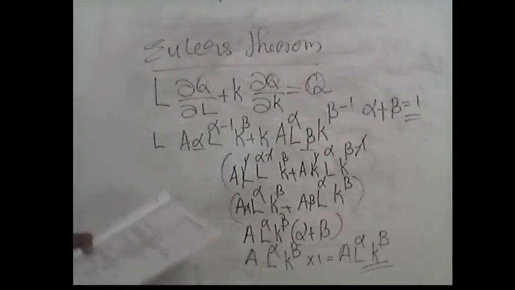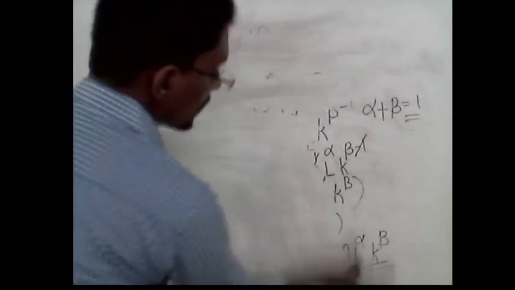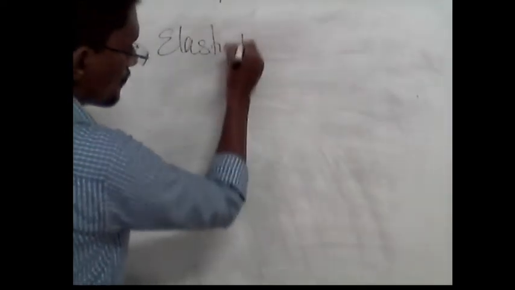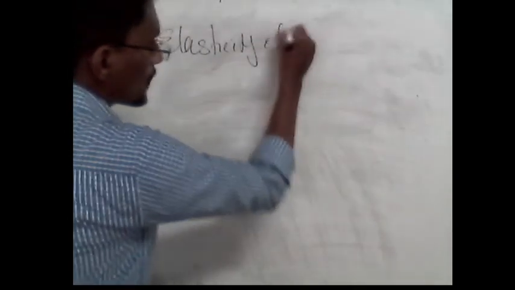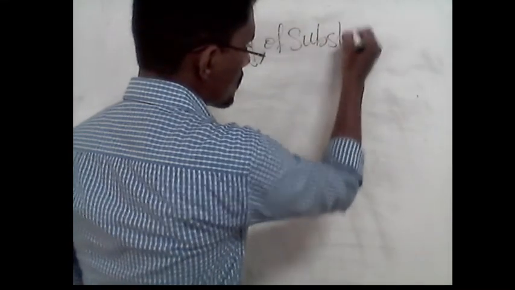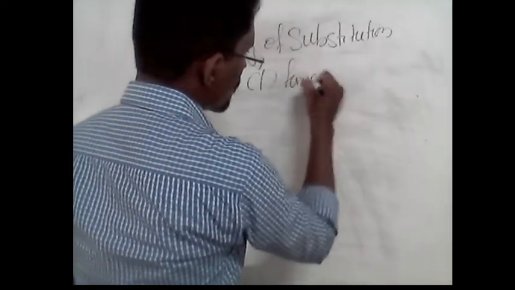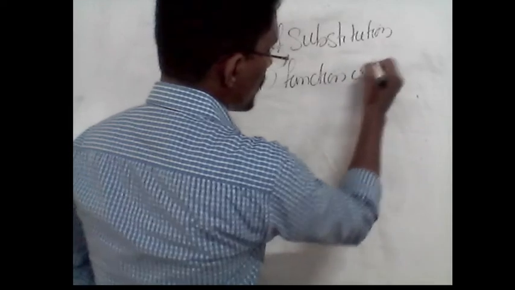And the next property is that the elasticity of substitution of a Cobb-Douglas production function is unity. The elasticity of substitution of this Cobb-Douglas production function is unity. Elasticity of substitution of this CD function is unity.